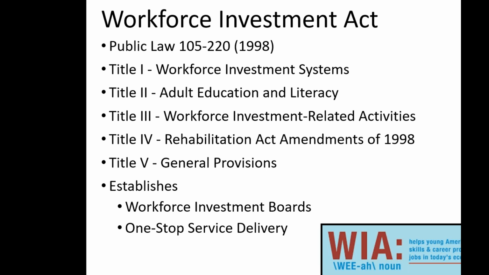Okay, next we have our Workforce Investment Act. It requires use of special standards for success in one place for participants to get job training and referrals. It sets up systems to help adults reach specific literacy levels to be successful.